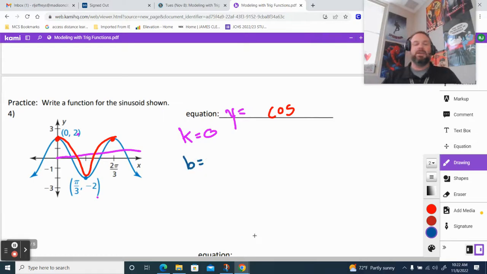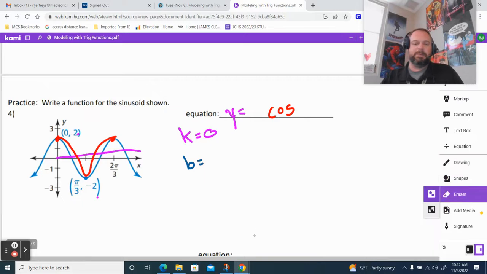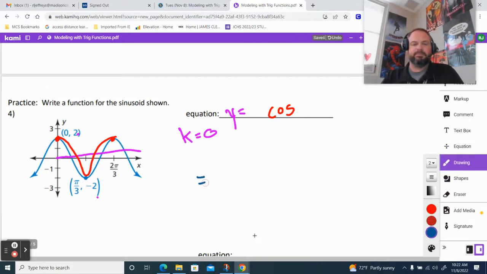So my period, I've got to tweak this a little bit. How long does it take to get back to this point?